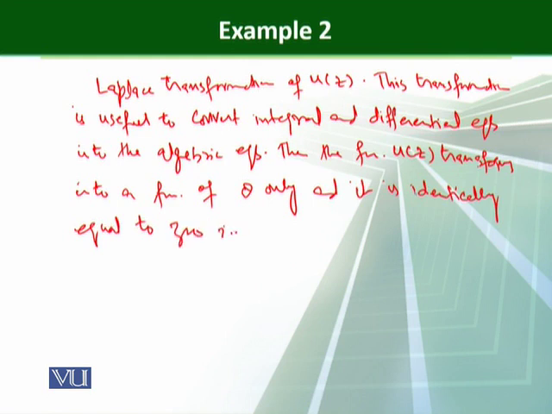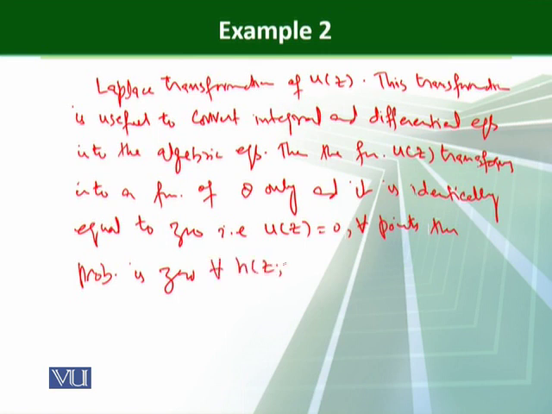So that is basically u(z) is equal to 0 for all points where the probability is greater than 0, that is, where h(z; theta) is greater than 0.